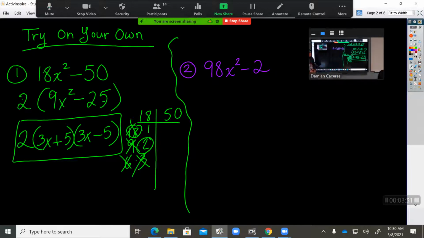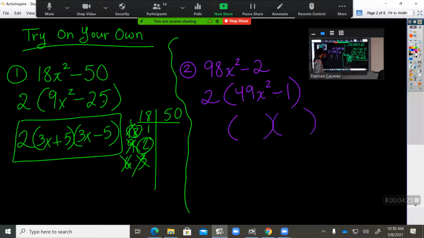Let's try the next one. 98 and 2. What are they both divisible by? 2. Now write down the results in there. What we have left here is 49x squared minus 1. Now here in the parentheses, difference means minus. Of squares means that those two are perfect squares. What number multiplied by itself gives you 49? 7.